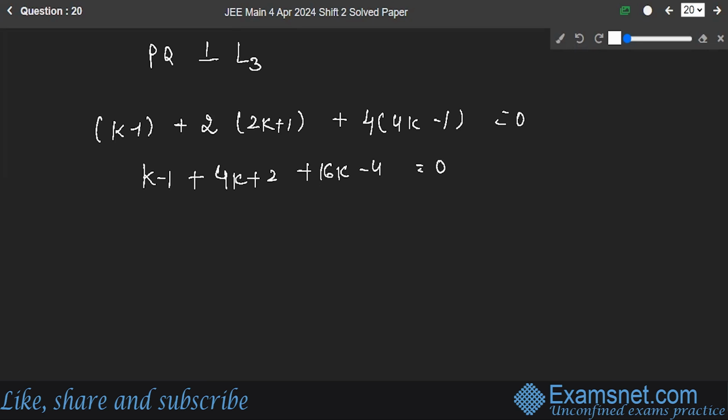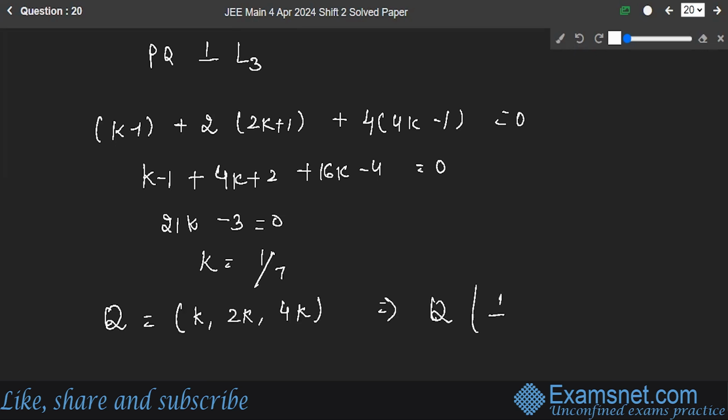And here you will have 21k and minus 3. So k will be equal to 1 by 7. That means Q will have the coordinates, what was the Q? It was k, 2k and 4k. So Q will be 1 by 7, 2 by 7 and 4 by 7.